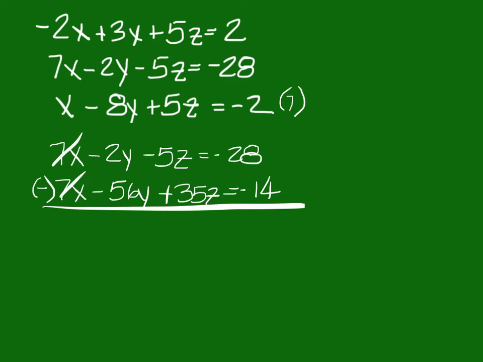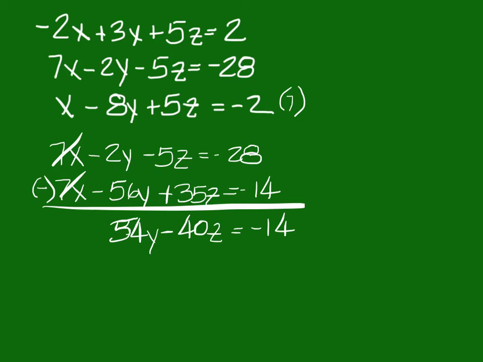And when you subtract, you're going to end up with a negative 2 plus a 56, which is a 54y, and then negative 5 minus 35 is a negative 40z, and then negative 28 minus a negative 14 is a negative 14, same as plus 14.